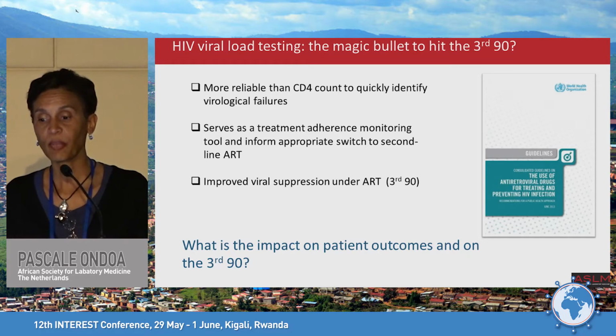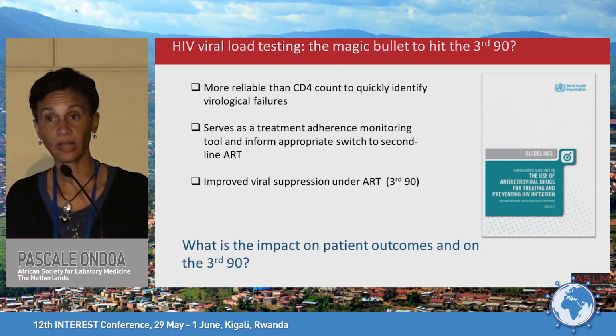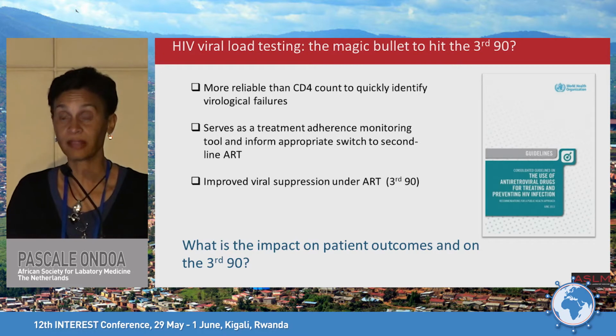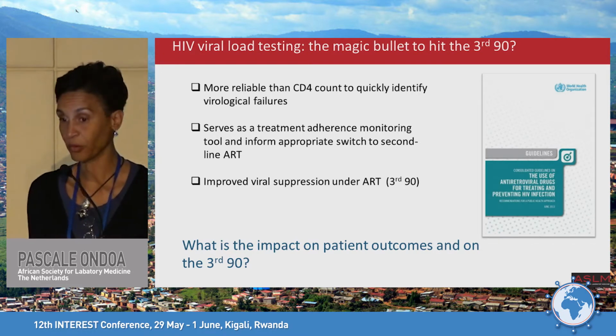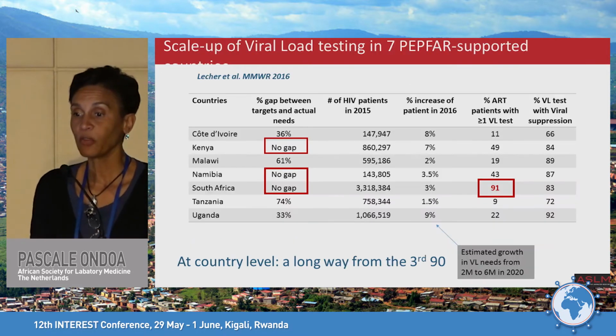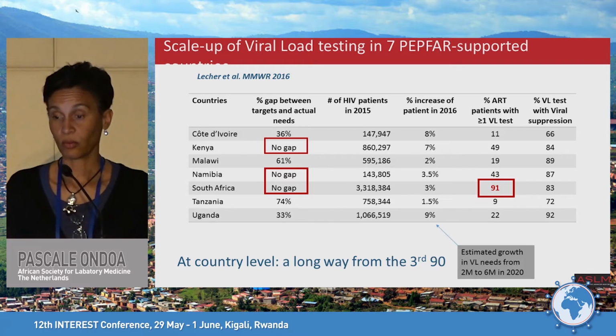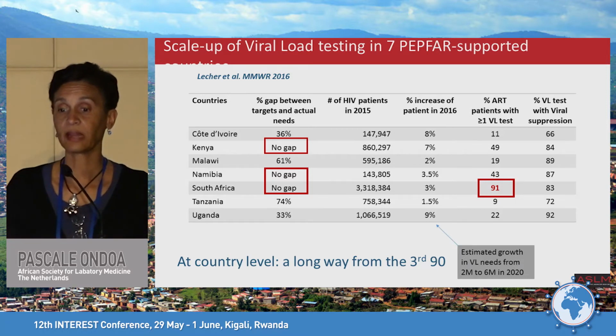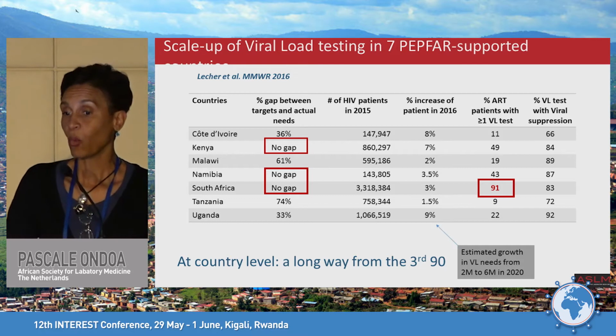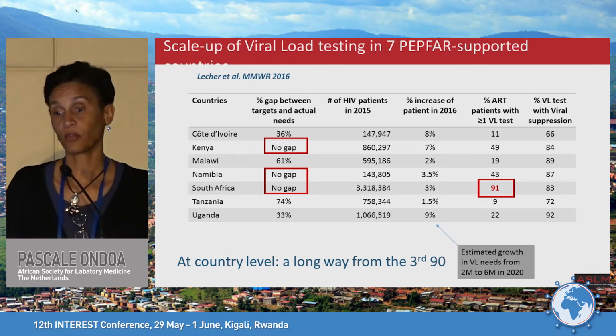But what is the impact on patient outcome and on the third 90 now that a lot of countries are scaling up their program for viral load testing? I wanted to share with you, and I'm sorry that the title doesn't appear very clearly, what happens in PEPFAR-supported countries that are scaling up viral load with funding from PEPFAR.